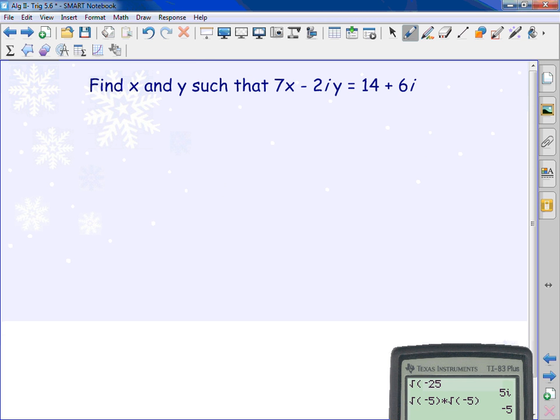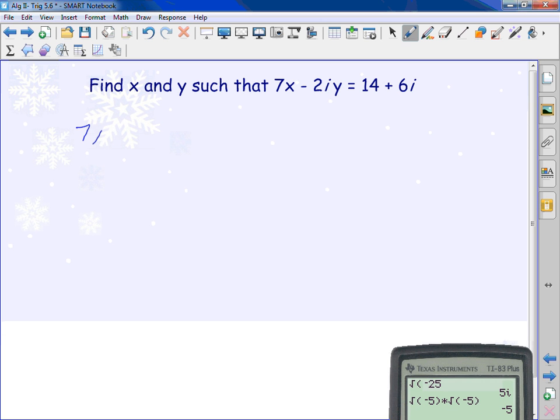We're going to find x and y such that 7x minus 2iy is equal to 14 plus 6i. We have two different parts here, the real parts and the imaginary parts. They're separated.